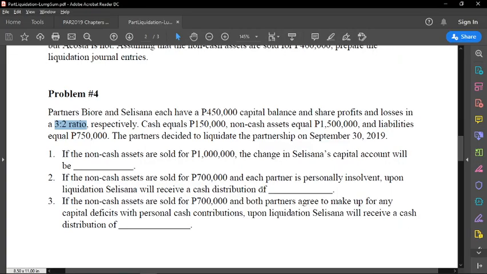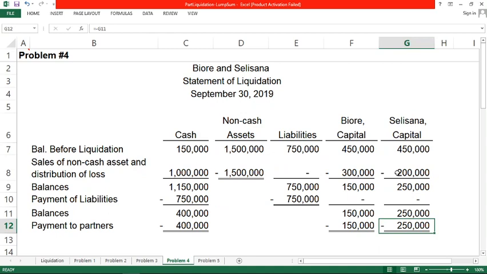But the question is only the change in Celisana's capital account after the sale of non-cash assets for 1 million. So the answer is this. After selling the 1.5 million non-cash assets for only 1 million, the change in Celisana's capital is a decrease of 200,000.